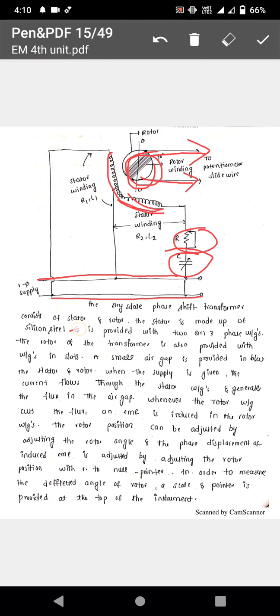It consists of stator and rotor. The stator is made up of silicon steel laminations provided with 2 or 3 phase windings. The rotor is also provided with windings in slots.